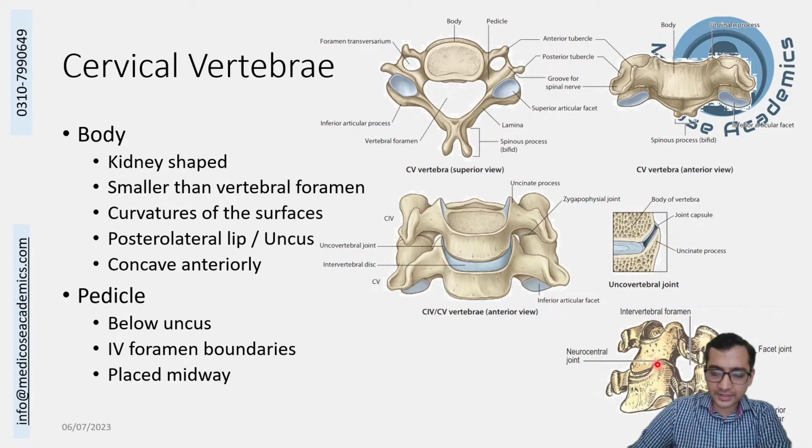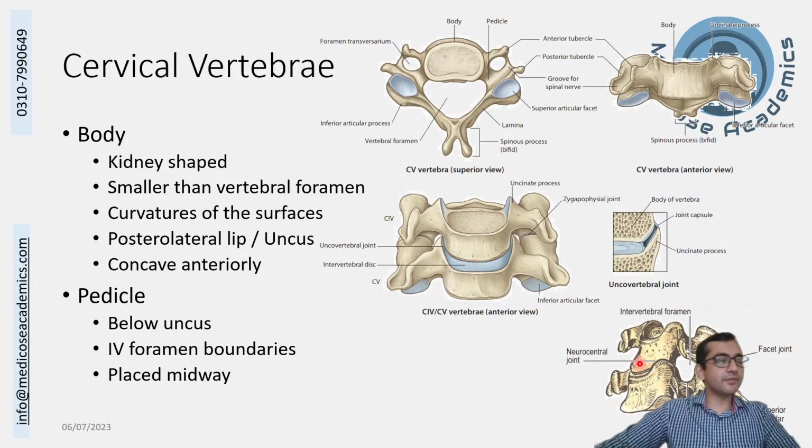These convexities and concavities are a little better seen here. I'm focusing so much on them because of this raised portion of the upper surface, which is called the uncinate process. This makes a joint with the medial aspect of the lower half of the body.